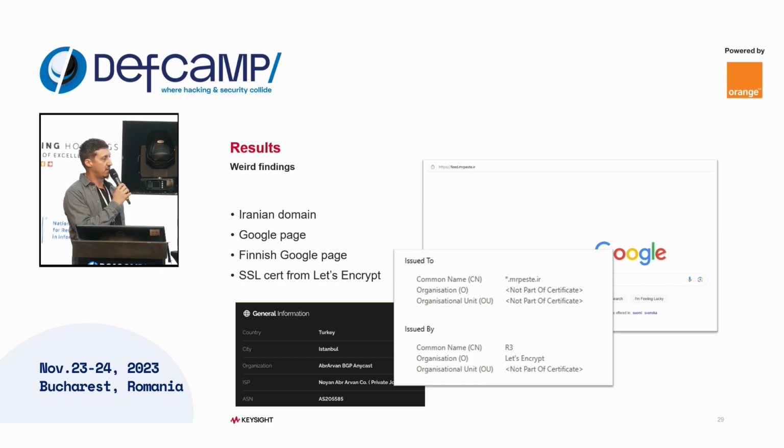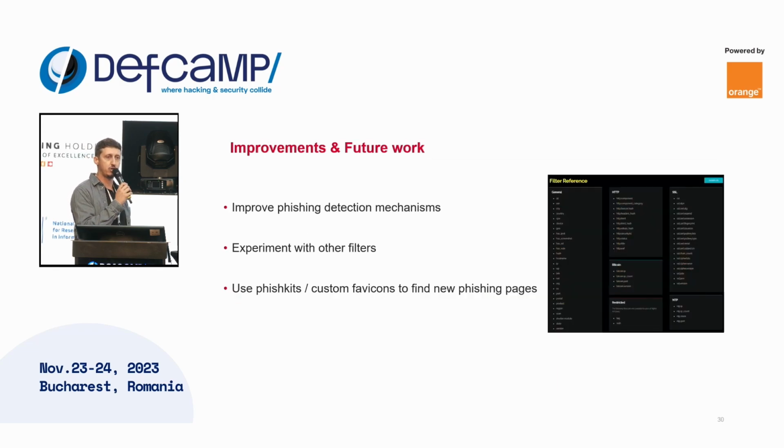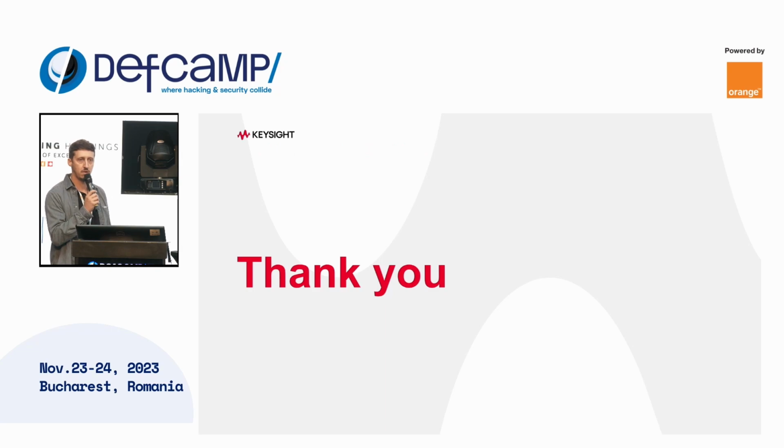It uses a Let's Encrypt certificate, but it provides all these legitimate redirects towards Google if you try clicking. So I'm not sure what those are, but yeah. And finally, there are a lot of improvements to be done with this project. So yeah, that was our presentation.